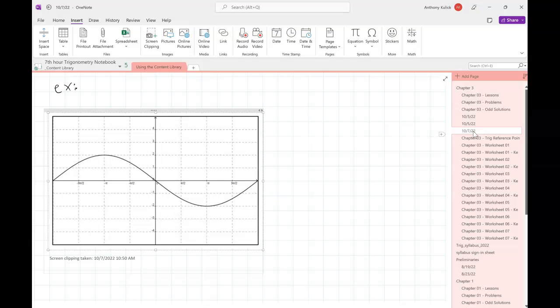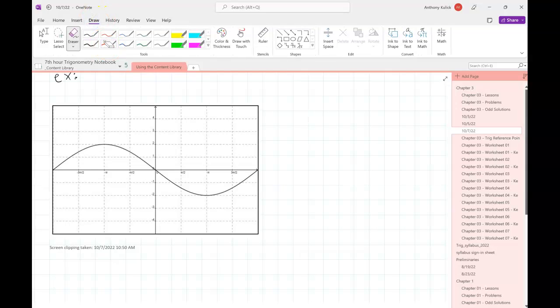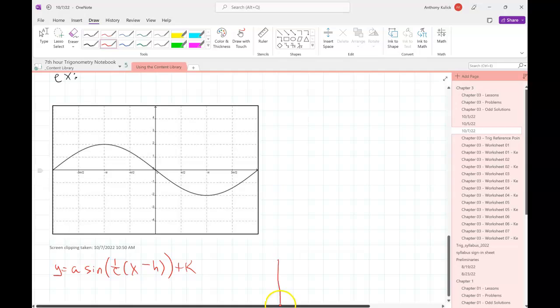All right. So our goal is going to be to write an equation like this, or an equation like this.